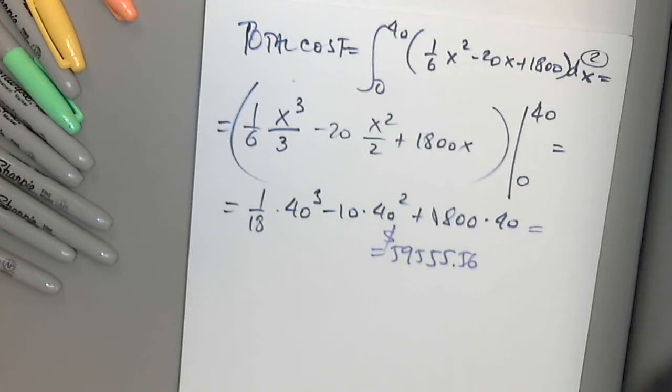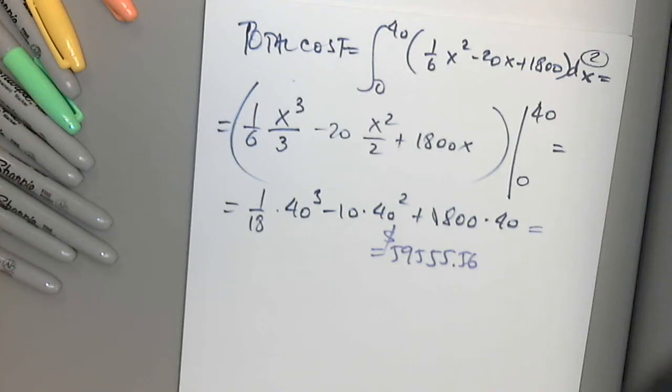And then they're asking you to approximate the total cost of paving 4,000 feet. Is that the 40 you just said? Yes, between 0 and 40, because x is given in hundreds of feet.